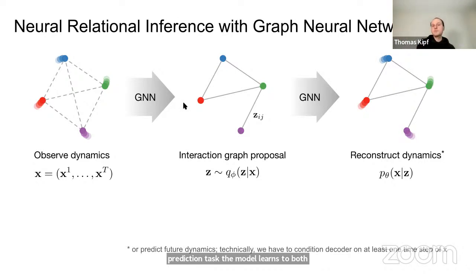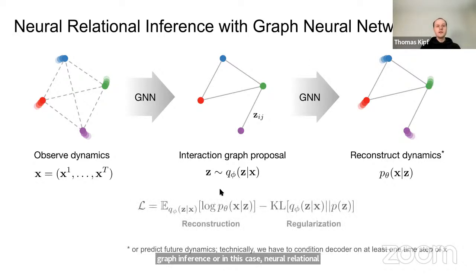And this is a very general recipe. I'm showing it here for physical simulation, but if you don't have a graph, you can use this kind of latent graph inference, or in this case, neural relational inference, to infer this missing information. Now this is effectively what we call a variational autoencoder, where you have an encoder and a decoder.